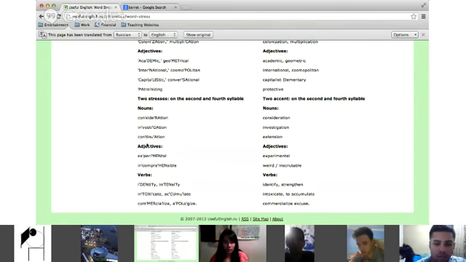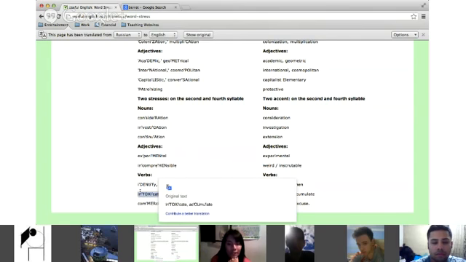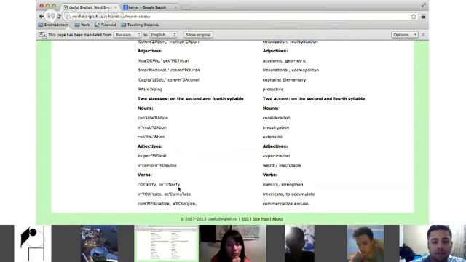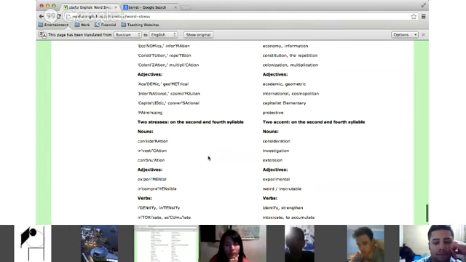Here with nouns and adjectives, if you have this sort of pattern, the stronger stress is on the fourth syllable. With verbs, it's on the second syllable. Consideration, identify. Investigation, intensify. So that's the difference there. But again, with these longer words, I would pay more attention to the first and third syllables.